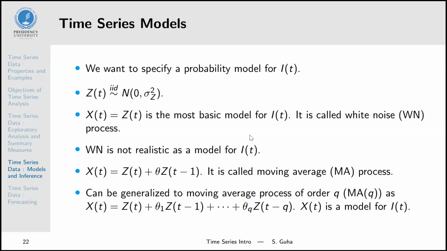But that idea can be extended. Why not Zt plus 0.5 Zt minus 1 plus 0.3 Zt minus 2? That means I am taking a richer kind of combination. Here I was taking a combination of only two errors. What if I give the flexibility that I can take a combination of many error parts? That would definitely give me a richer probability model for the data.